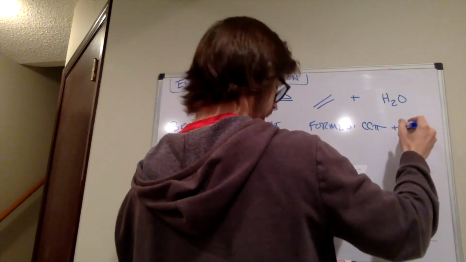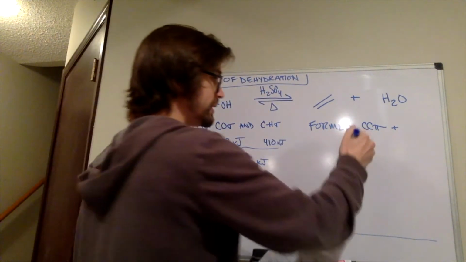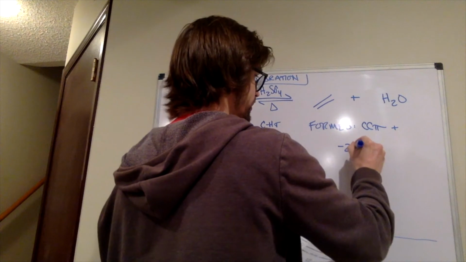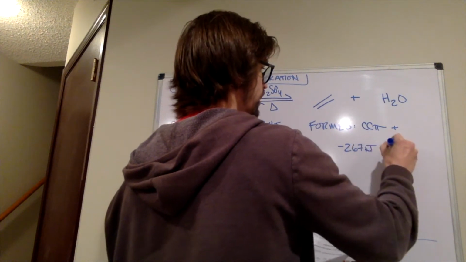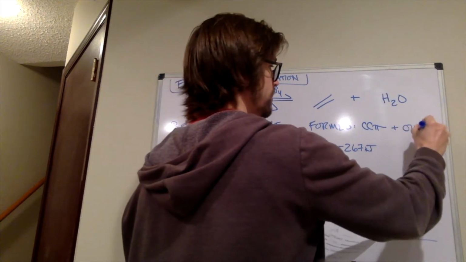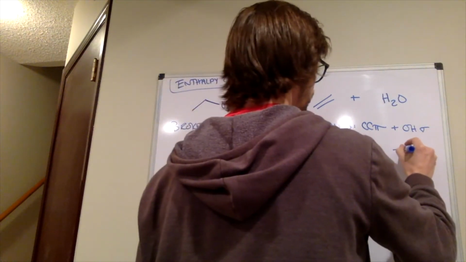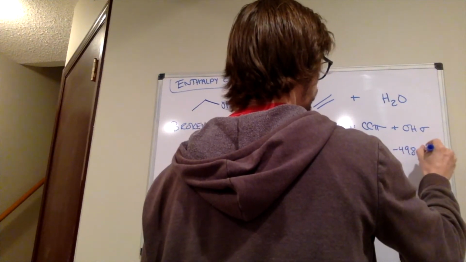So forming bonds releases energy. The CC pi is worth negative 267 kilojoules, and the OH sigma is worth negative 498 kilojoules.